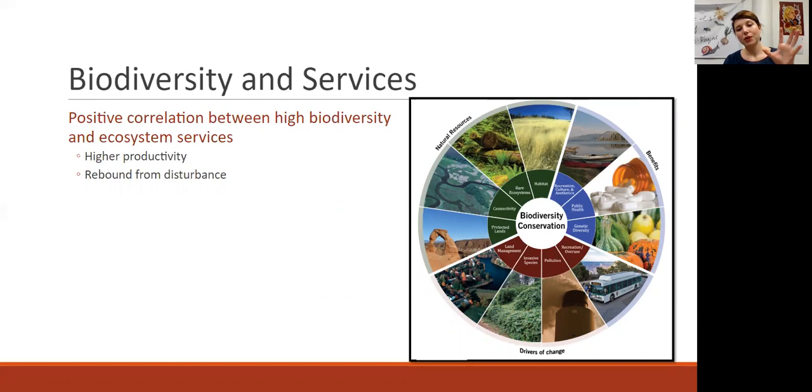So when it comes to the services themselves, the ecosystem services and biodiversity, what we find is that a positive correlation is found between high biodiversity and ecosystem services. So an ecosystem that has a ton of genetic variability, species diversity, and ecosystem diversity is going to be a much stronger service provider.